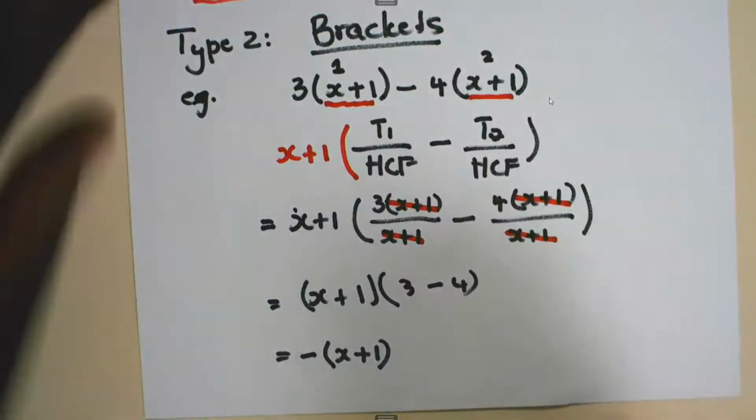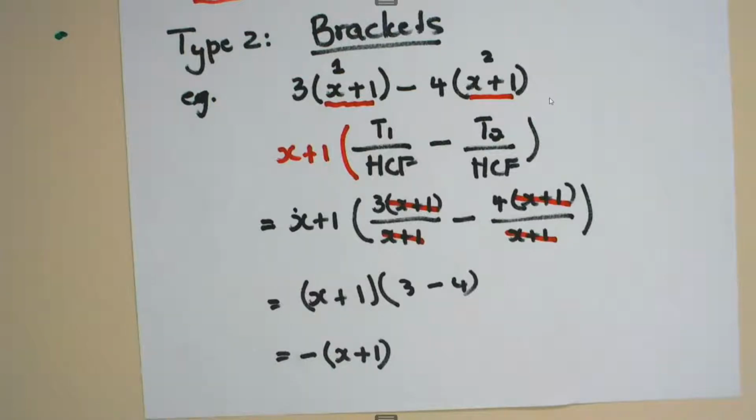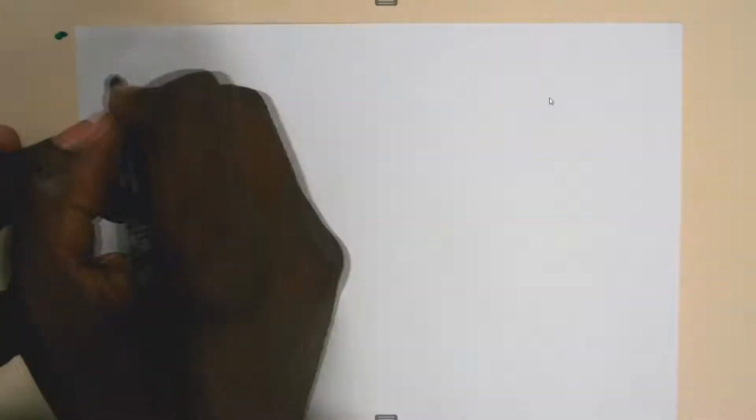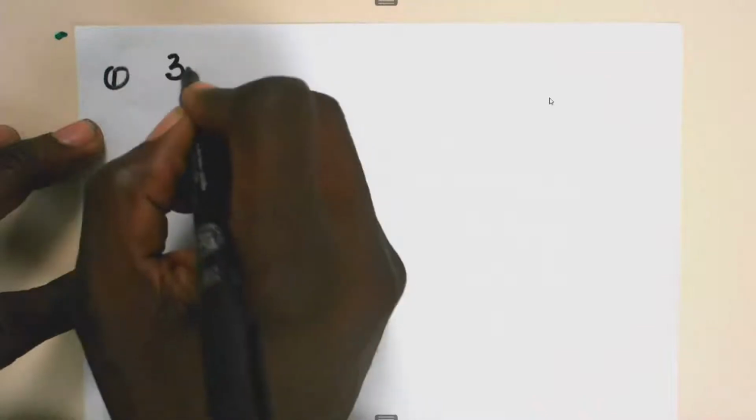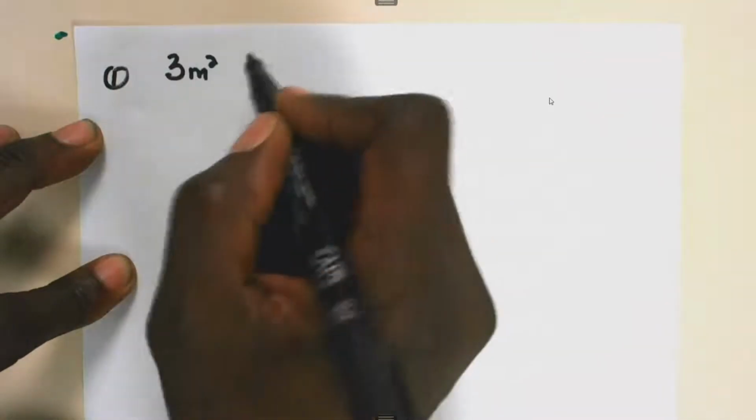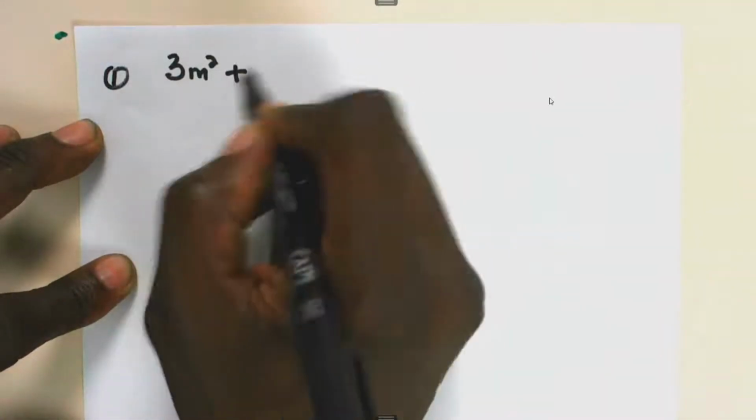Now, let me give you some examples, and then we'll go through those examples and see how best we can do them. The first one, number 1, is 3m squared plus 3mn.